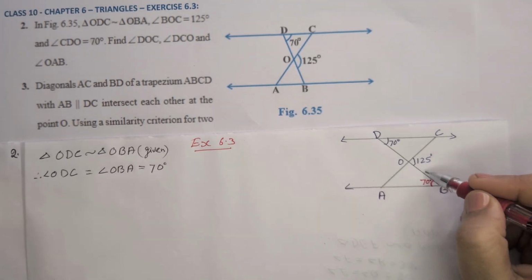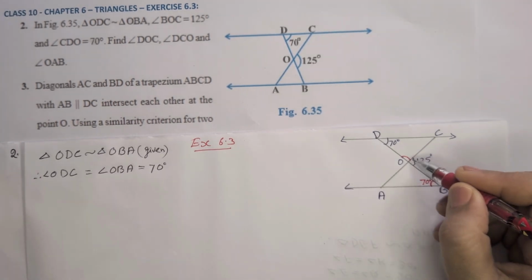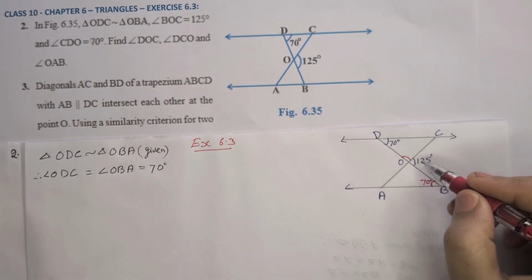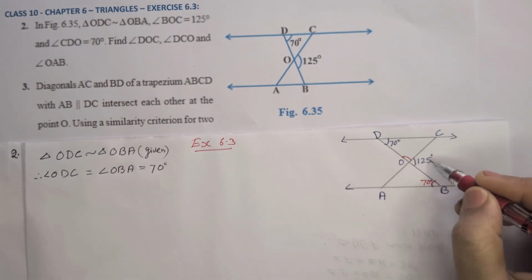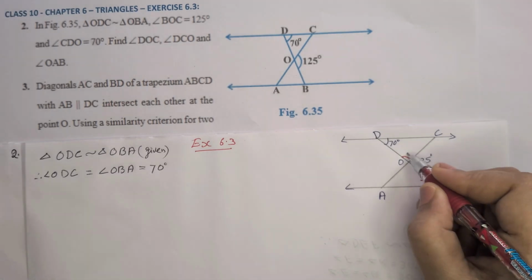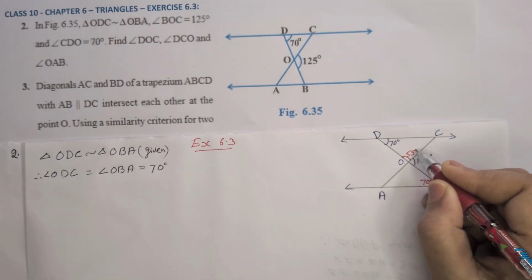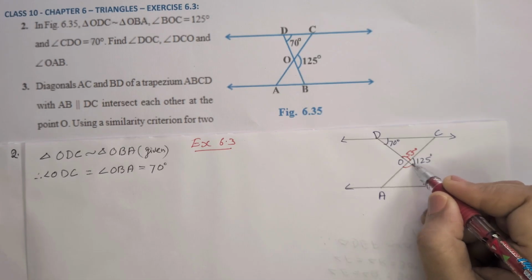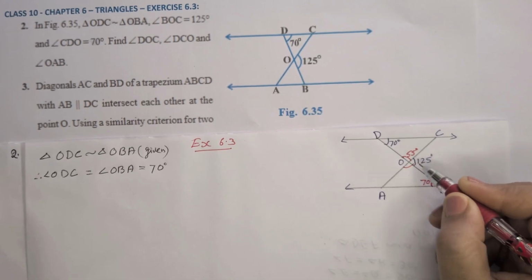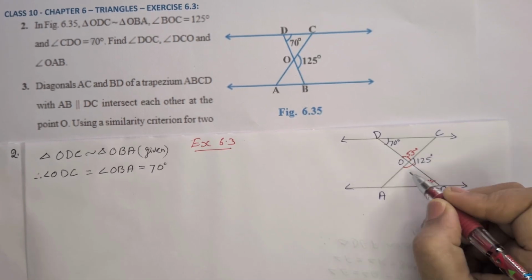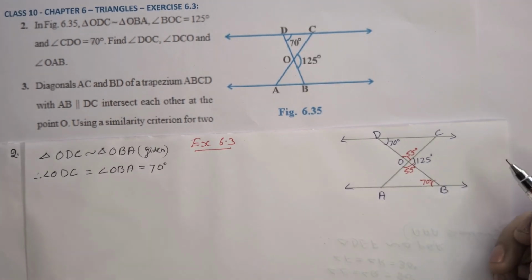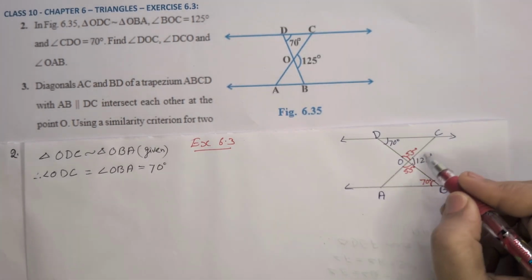Now when we are considering these two angles, this and this, it's a linear pair. One linear pair means 180 degrees. 180 minus 125, we will get this angle, DOC, as 55 degrees. Similarly, this also we can consider as a linear pair or vertically opposite angles, that also is 55 degrees.